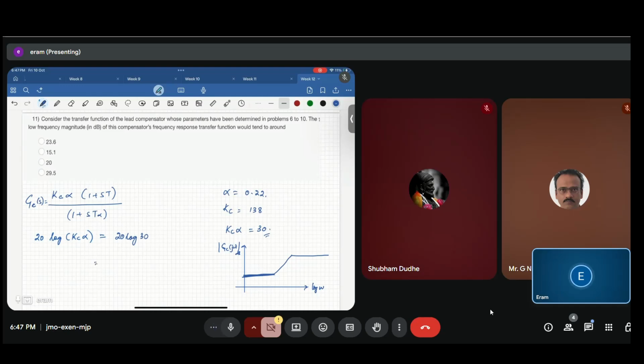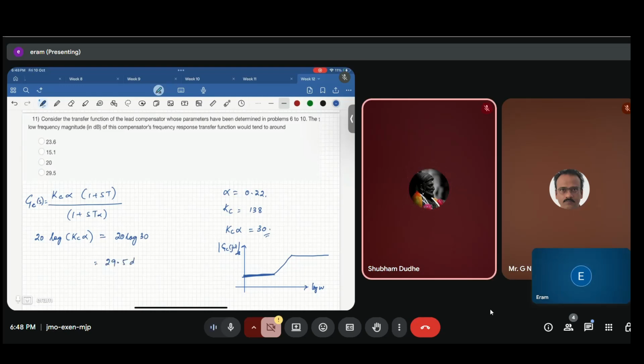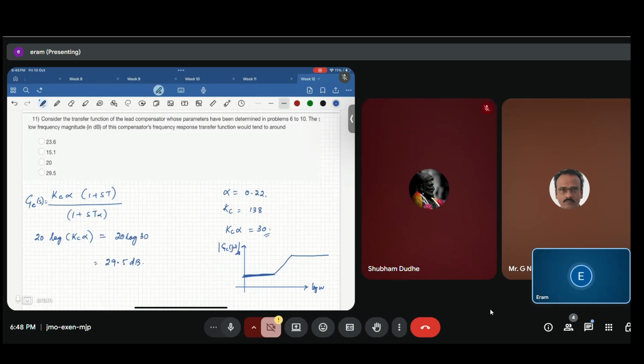Whatever the value of 20 log 30 will be the answer. So it will be 29.54, around 29.5 dB. Okay.